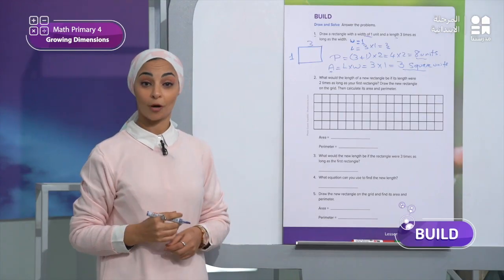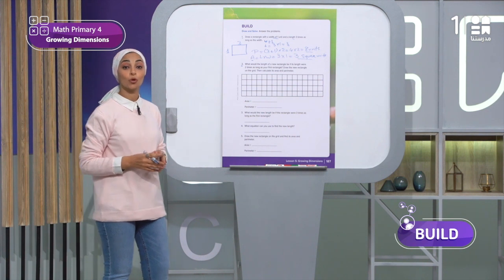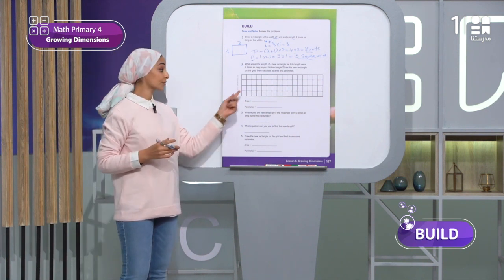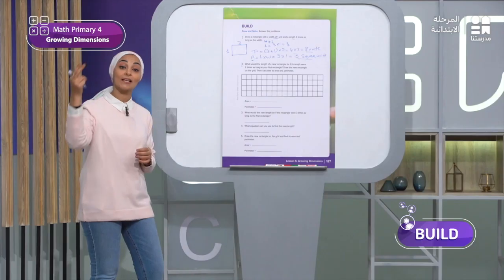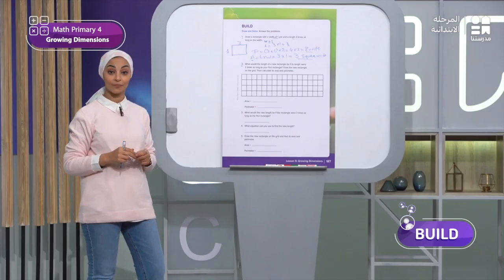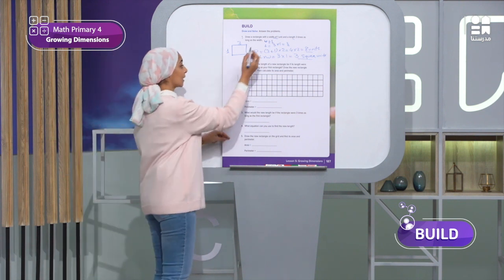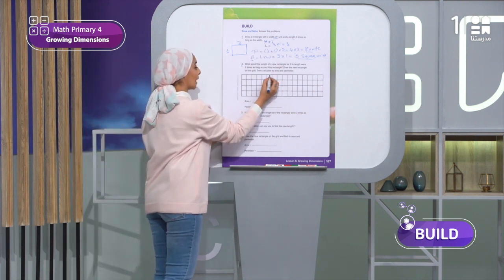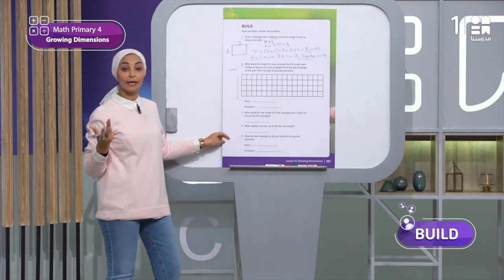Now let's move to problem number 2. Here's problem number 2. عايزني أعمل إيه في problem number 2؟ Here he wants me to draw a new rectangle on this grid. Okay, before using our knowledge of the first rectangle, the length of the new rectangle is 2 times as long as the first rectangle. والويدث بتاعي نفس الويدث بالظبط. يبقى أنا عندي الويدث بتاعي the same، يعني الويدث بتاعي 1 واللينث بتاعي كام؟ Yes.